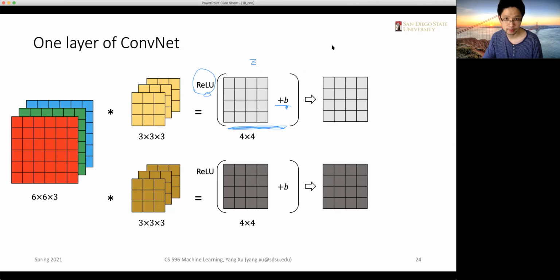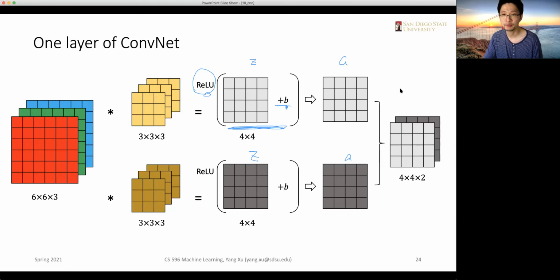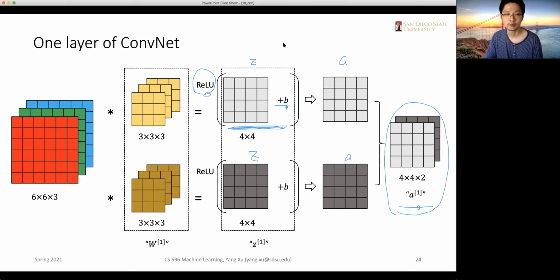So these are the Z, and these are the activations. If we stack all the activations up, we will have a 4x4x2. We can call this combined output the activation for one convolutional layer. And this part is the so-called Z1.